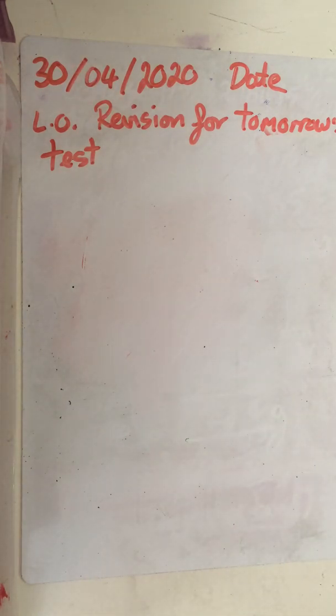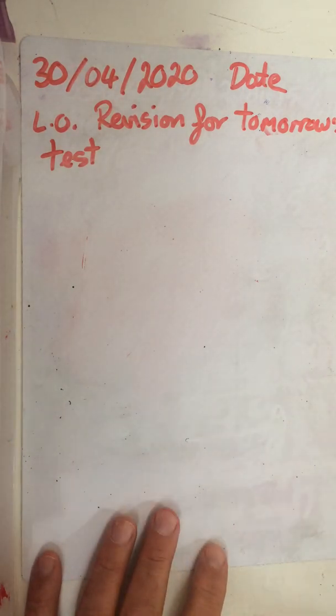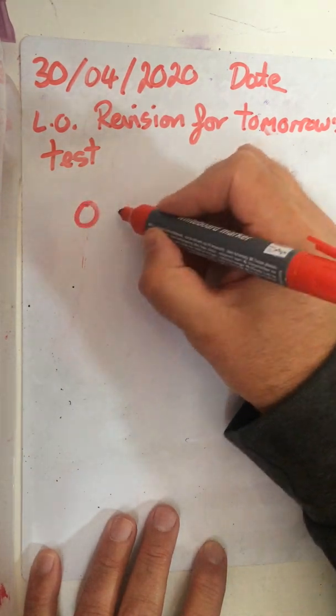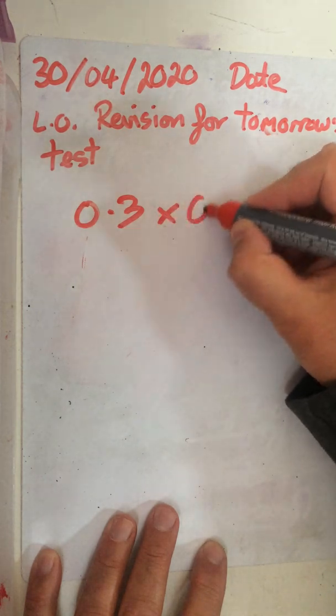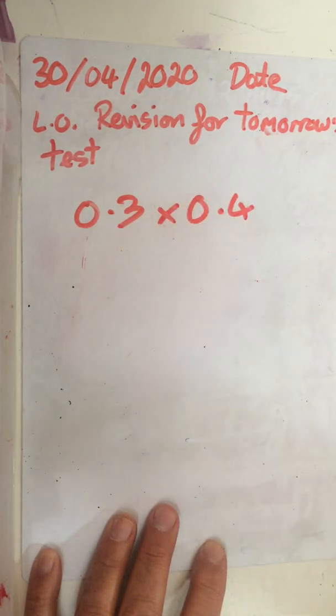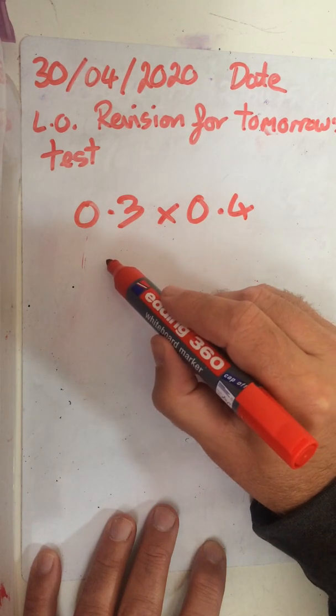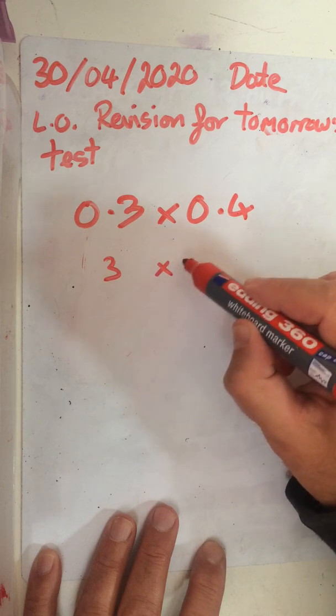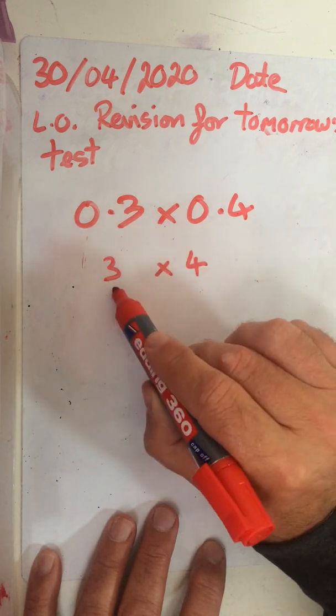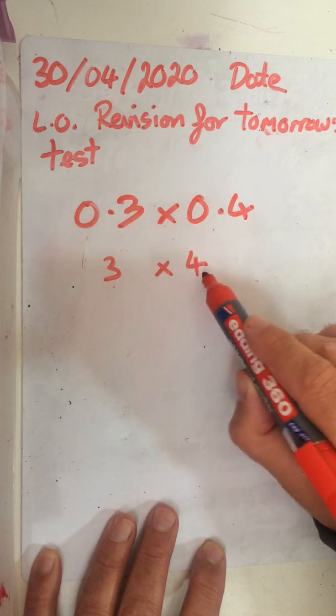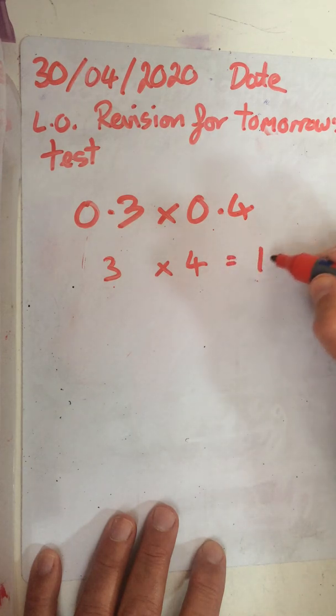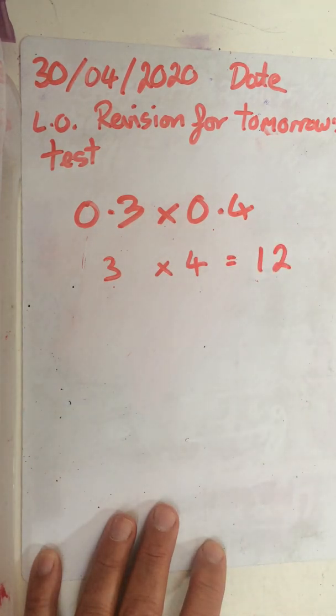Right, the one thing I'm not so confident we got, because I didn't go through it with you myself, is multiplying decimals. So if I go 0.3 times 0.4. Now this is the way I think is the best way to do these. I'm just going to write these out without the decimal point. So 0.3 becomes 3, 0.4 becomes 4, and I'm going to multiply those together, and it comes to 12.